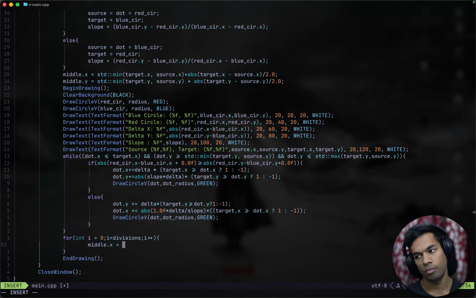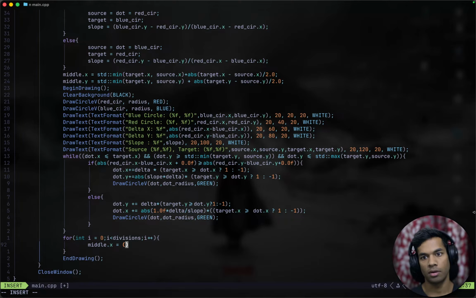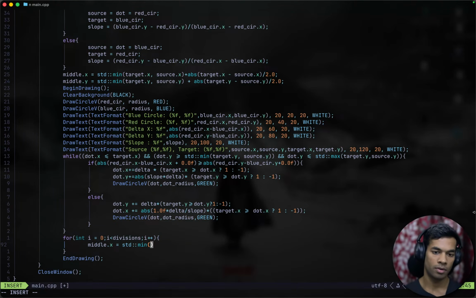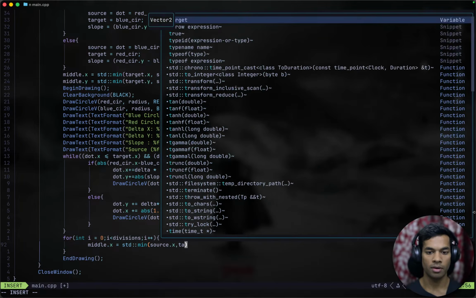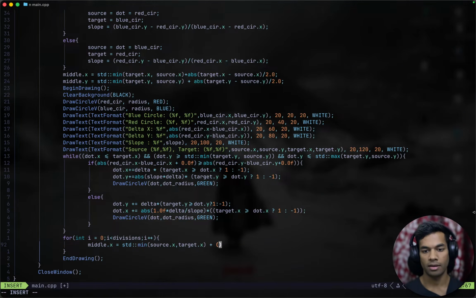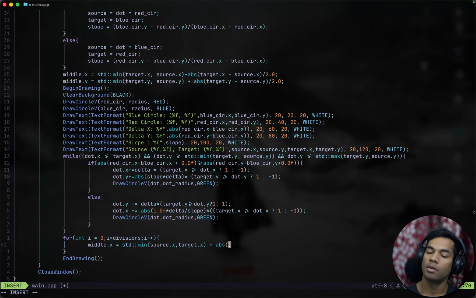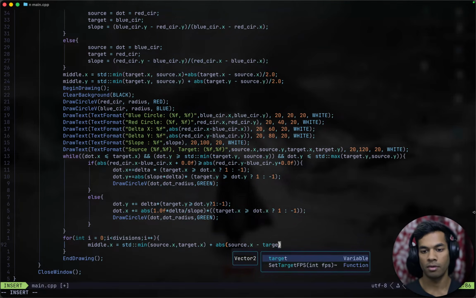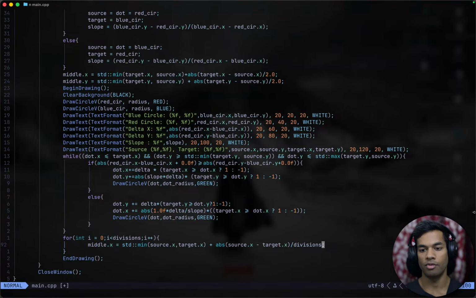Middle dot x would be equal to the minimum of source dot x comma target dot x, and add to this the absolute difference of source dot x minus target dot x divided by division.